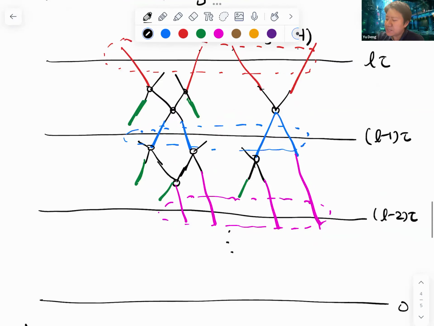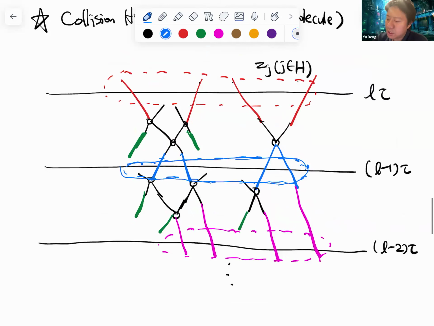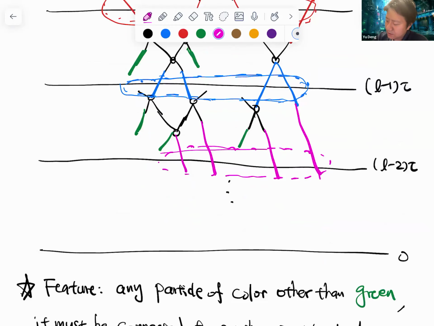Remember, the same color means that the blue particles, for example, occur in the cumulant expansion at the time L minus 1 tau. And the red particles just means that they occur in the cumulant expansion at time L tau, and so on. And the pink is here.